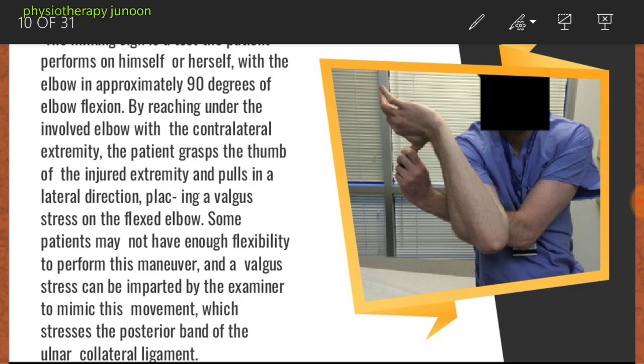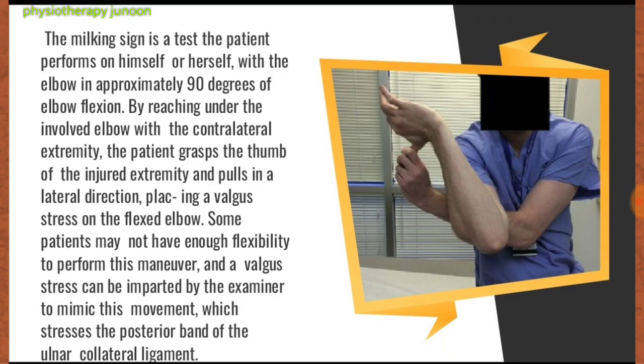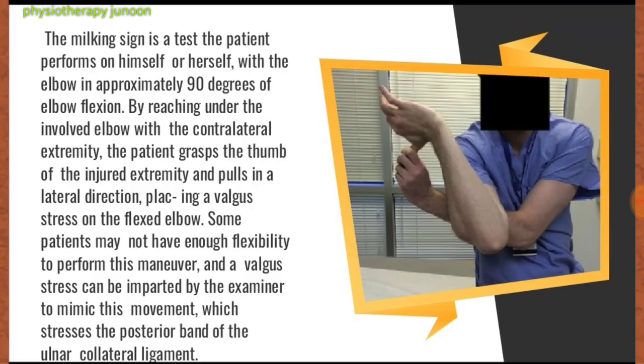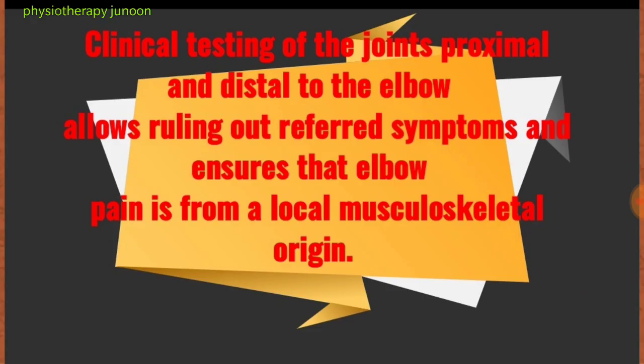Some patients may not have enough flexibility to perform this maneuver, and a valgus stress can be imparted by the examiner to mimic this movement, which stresses the posterior band of the ulnar collateral ligament. Here the therapist is helping the patient, and here the patient is doing it himself.